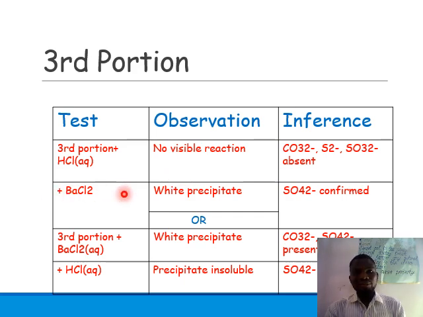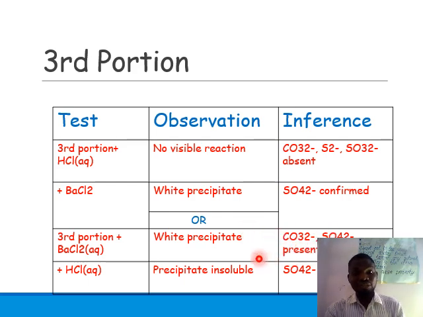Now, the next step is to add barium chloride, where you are going to get a white precipitate. Now you say SO₄²⁻ confirmed. Third portion plus barium chloride gives a white precipitate. So we are going to get CO₃²⁻, that's carbonate ion, or SO₄²⁻ present.